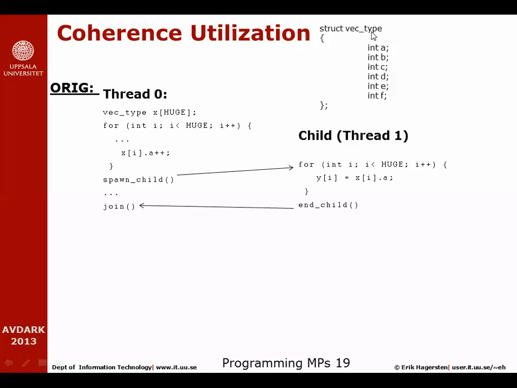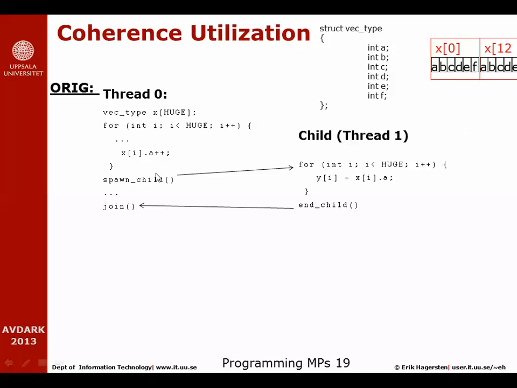Once more, when you have this kind of vector of struct, the way you lay out the data is first X sub 0, which is going to have all its variables, and then X sub 1 is going to have all its variables laid out in memory like this.